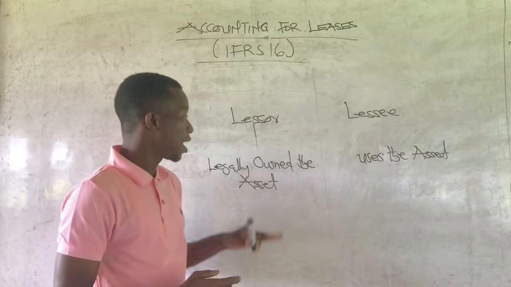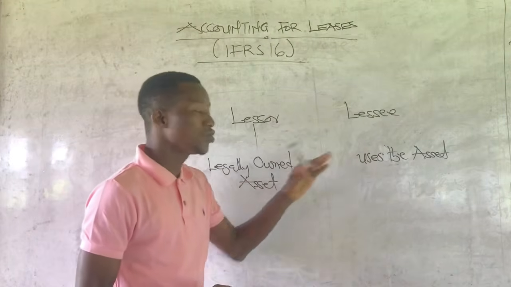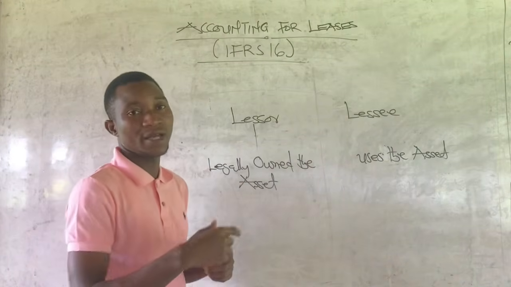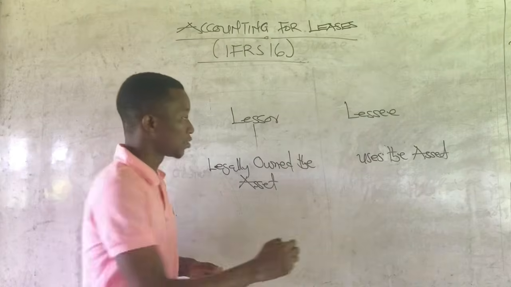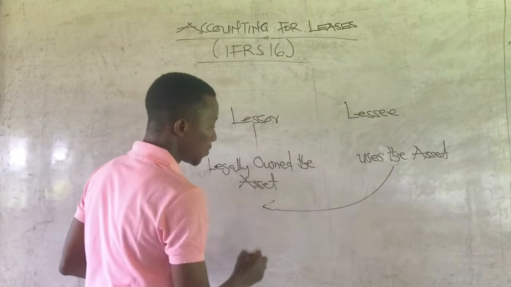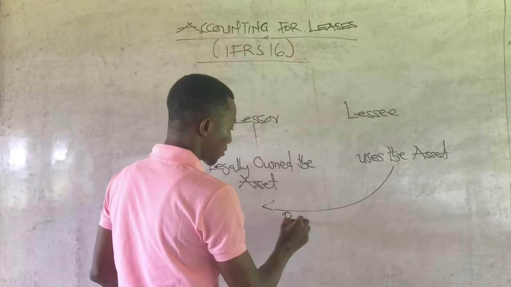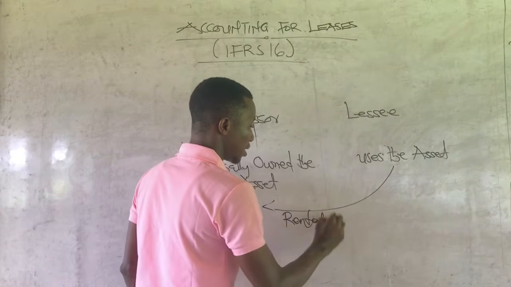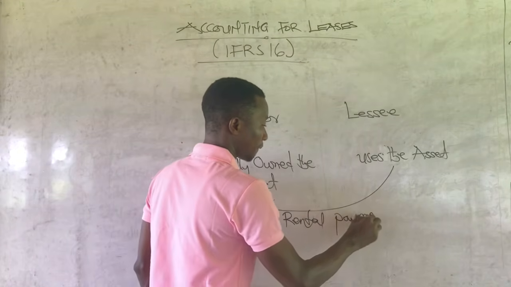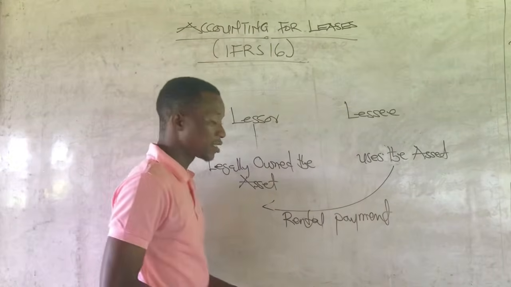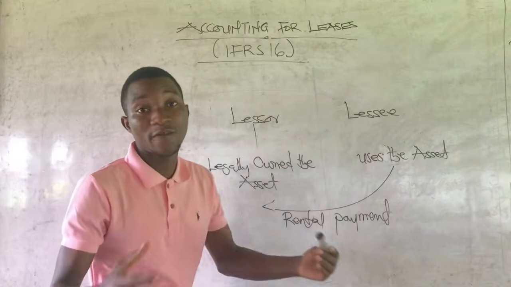And because you are going to use the assets, you have to make payment to the lessor. So that payment you make is what we call the rental payment. And you may lease the item for, let's say, about 5 good years.